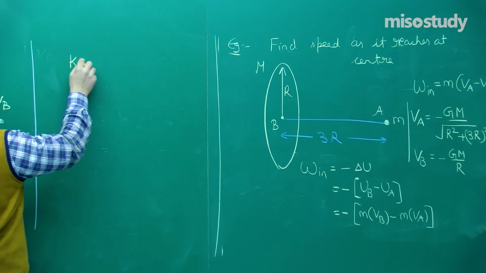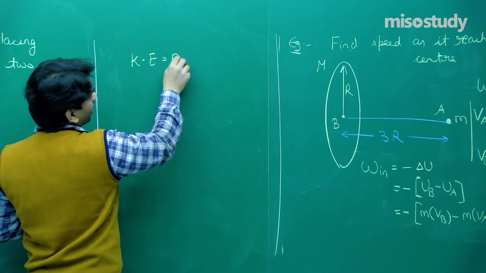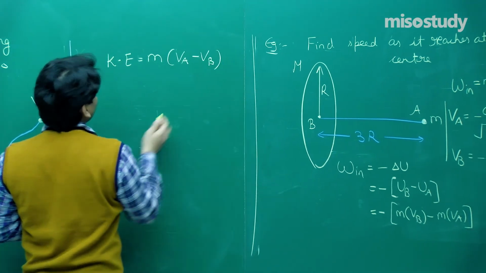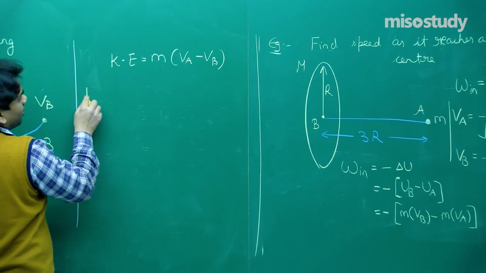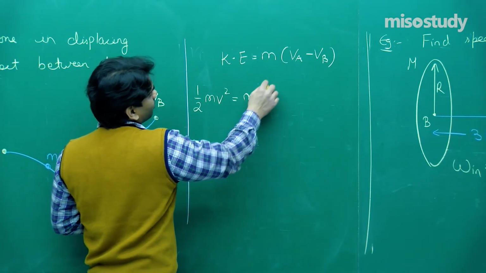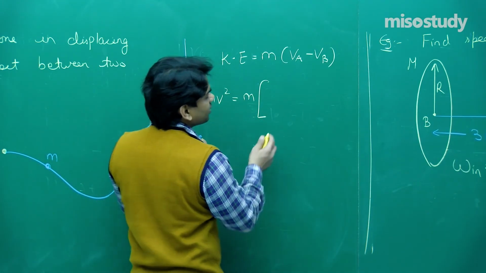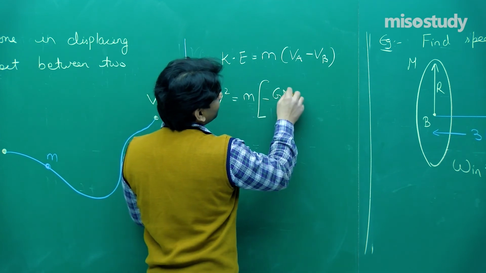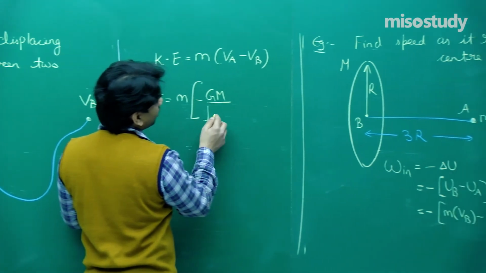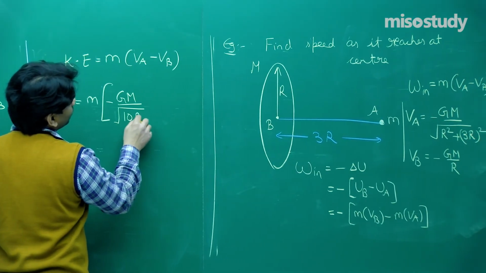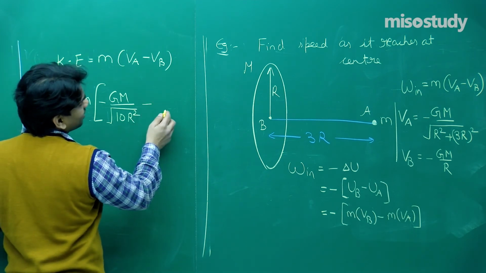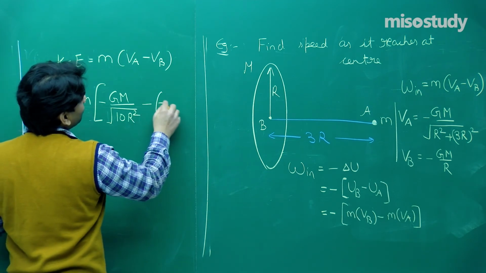So kinetic energy is equal to m into (VA minus VB), giving half m v square is equal to m times the potential at A, minus GM upon under root of r square plus 3r whole square, which is under root 10 r whole square, and then the potential at B, that is minus of minus GM by r.